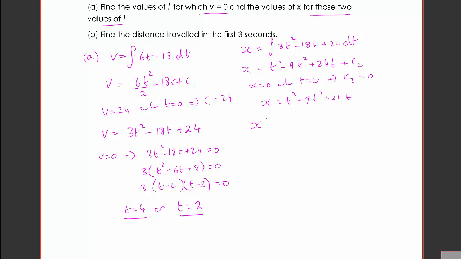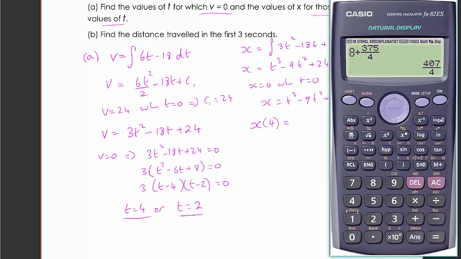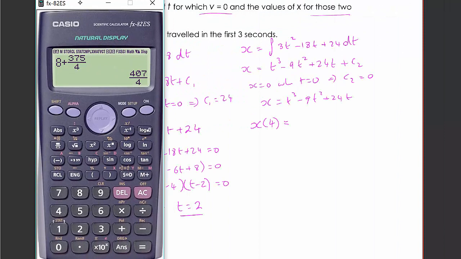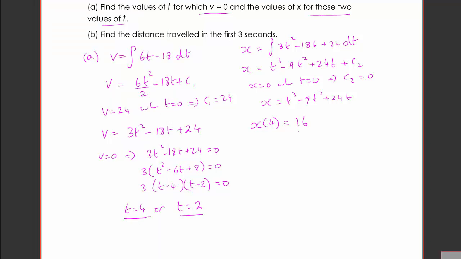Now we want x of 4. So x of 4 is going to be 64, which is 4 cubed, take away 9 times 16 and add 24 times 4. So that gives me 16.